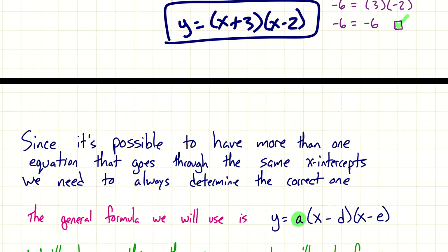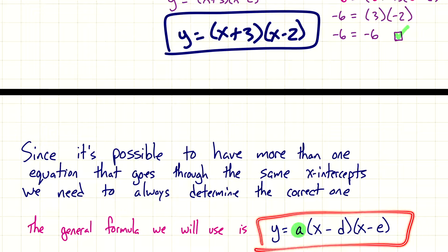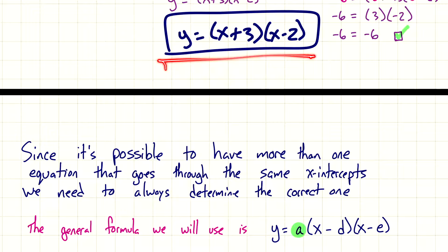All right, so I'll leave it like this so we can see both. I'm giving us this new general formula or equation to look at. You'll notice it looks very similar to the equation from the previous problem. The only difference is I've introduced this new letter in the beginning. If I put another number in front, that's going to change everything.